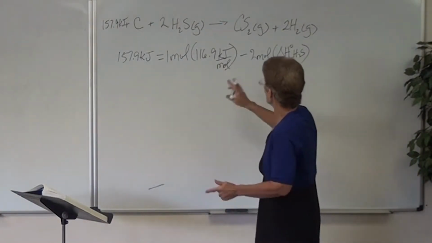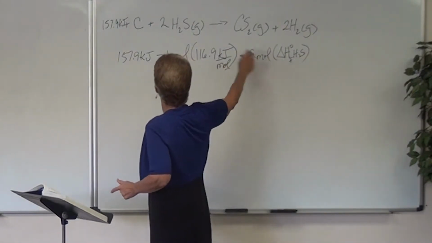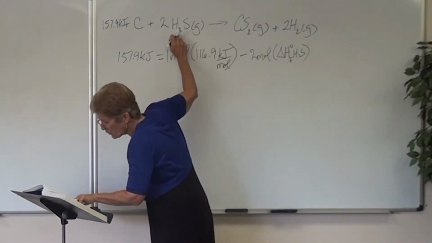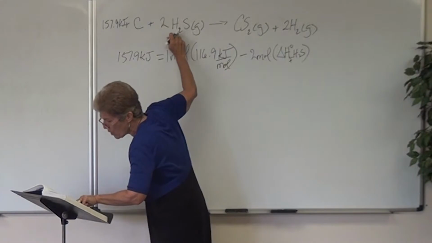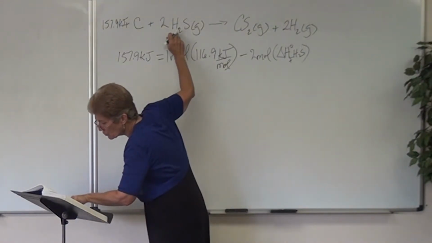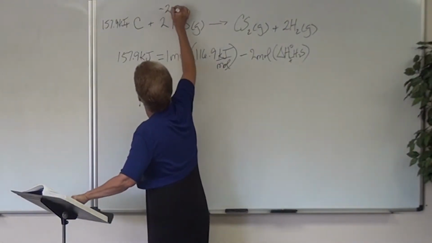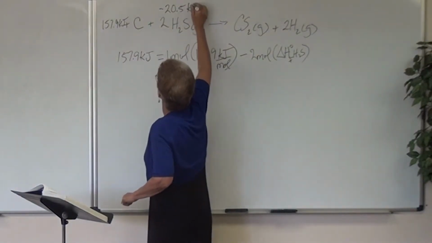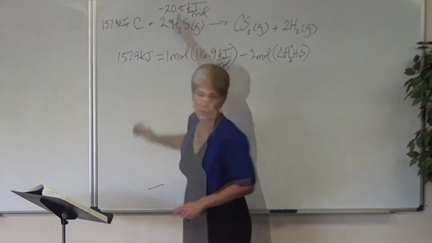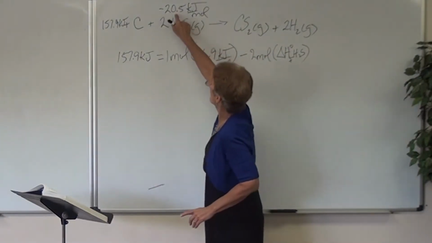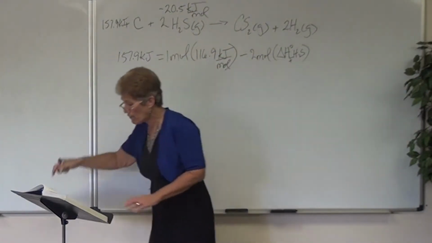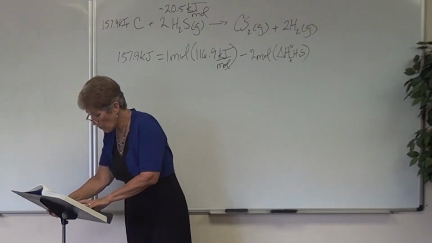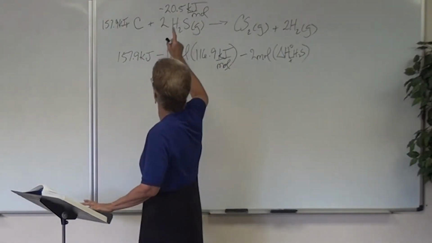Okay, so when you do the math on that, this enthalpy is going to end up giving you negative 20.5 kilojoules per mole. If you did the math on this, it would give you a negative 20.5 kilojoules per mole for that.